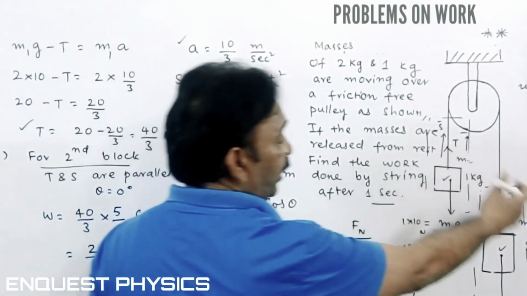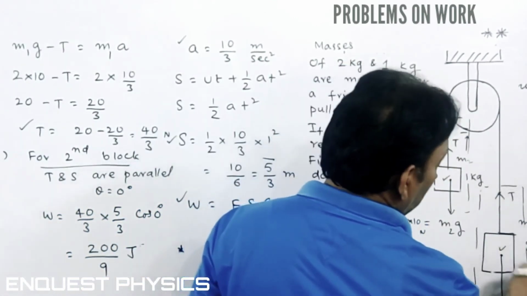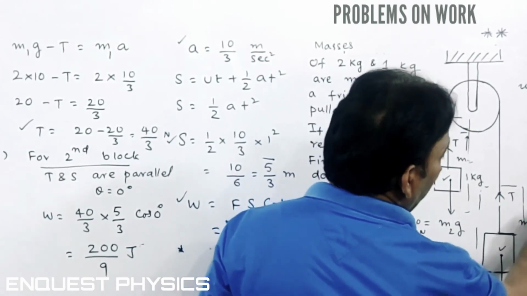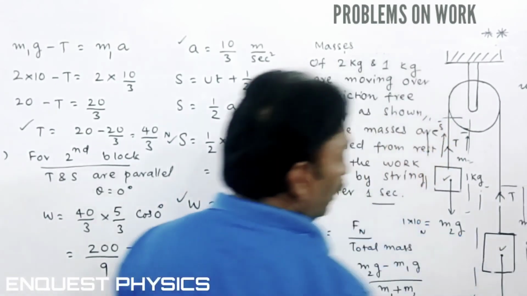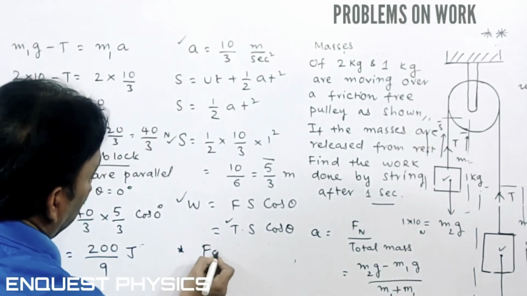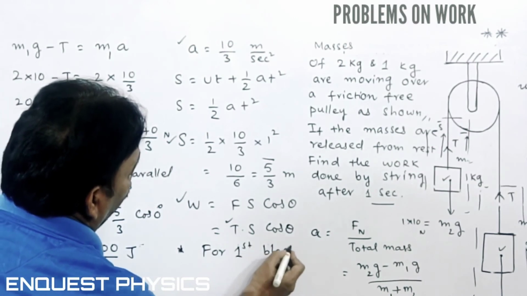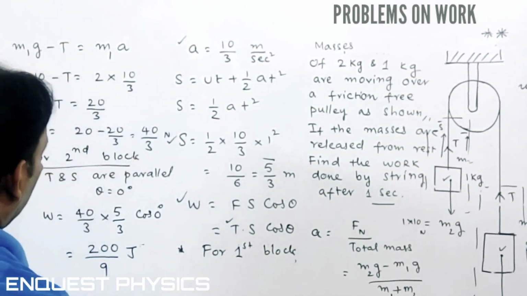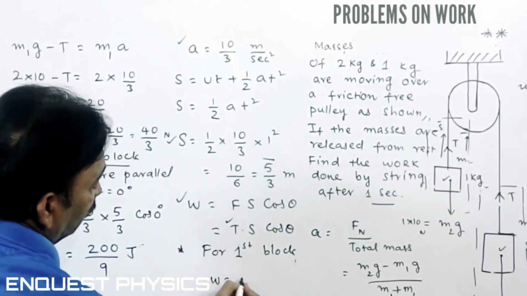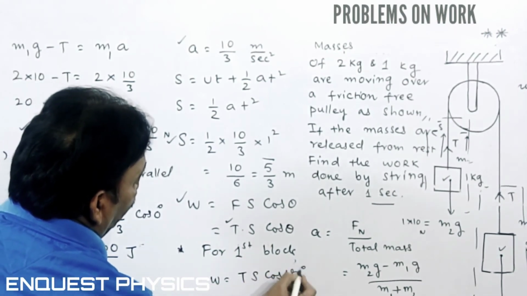In the same way, say this, here in this one, the displacement and the tension are in opposite direction, and theta is equal to 180 degree. Okay, for the first block, we are using the same. W is equal to Ts cos 180.